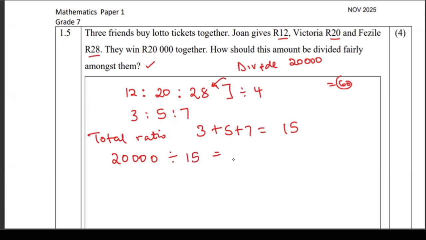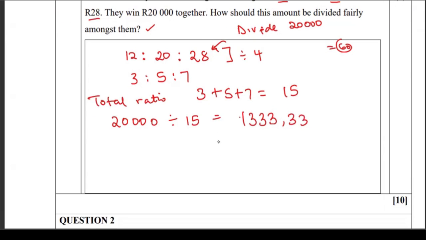If we use long division, it's going to be 1,333 with some remainders, 0.33. Then for John, the ratio is 3 multiplied by 1,333.33, because there's a remainder of 1/3.